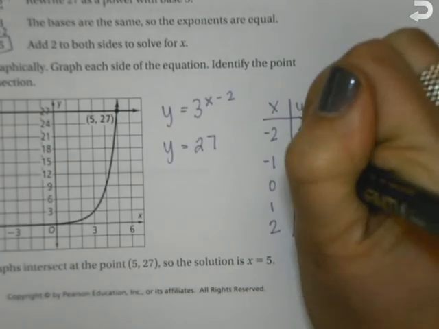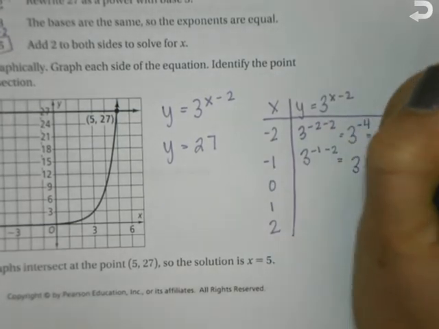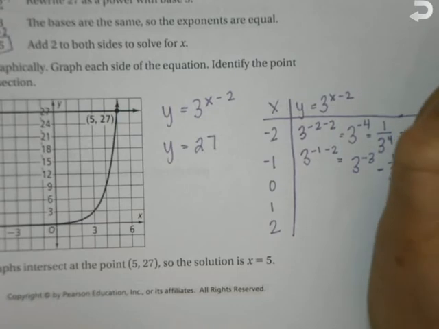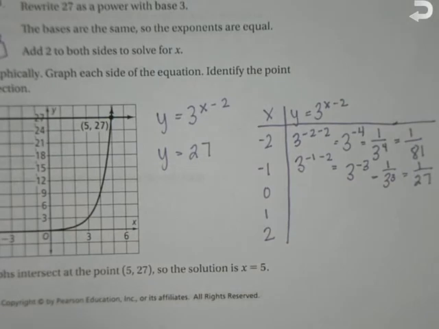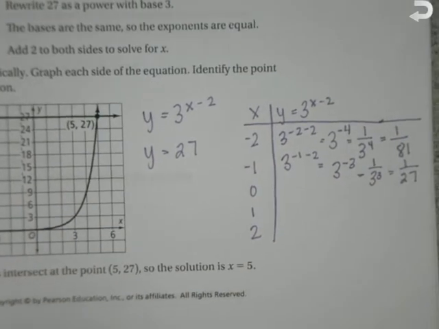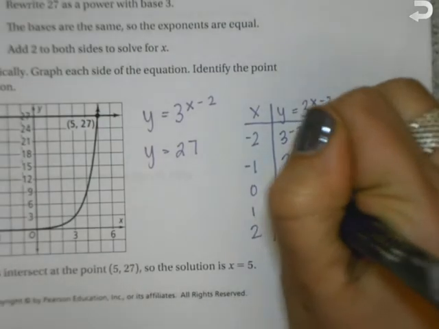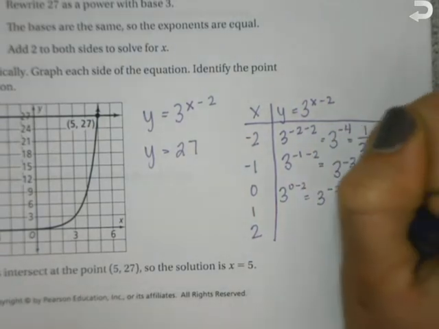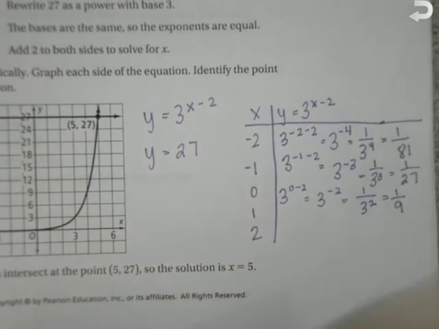Negative 1: 3 to the negative 1 minus 2 is 3 to the negative 3, so that's 1 over 3 to the 3rd, so that's 1 over 27. Okay, 0 is going to be a little bit easier. That's 3 to the 0 minus 2, 3 to the negative 2, so that's 1 over 3 squared, which is 1 over 9.